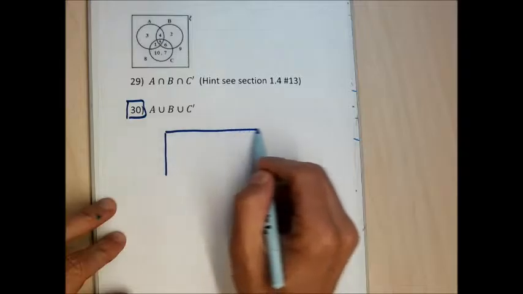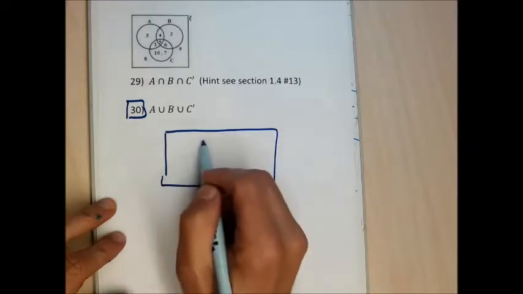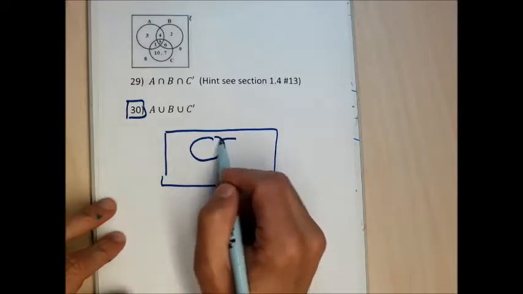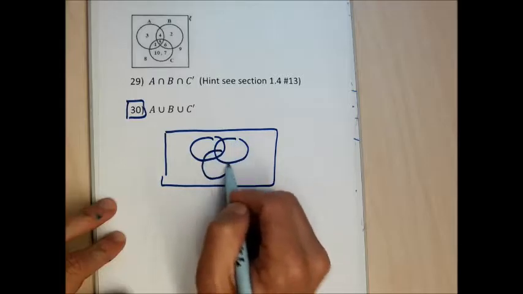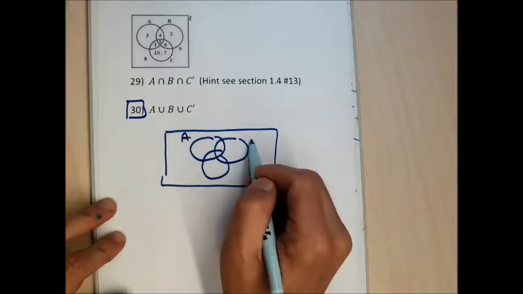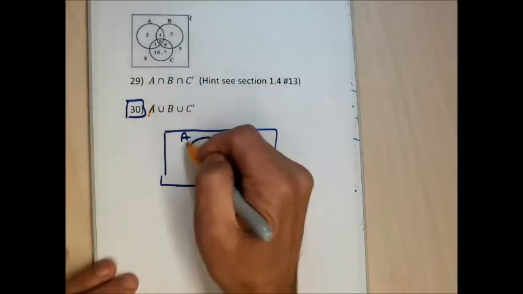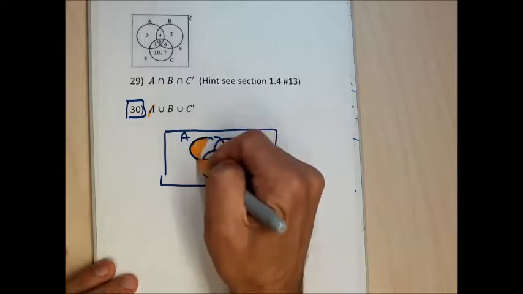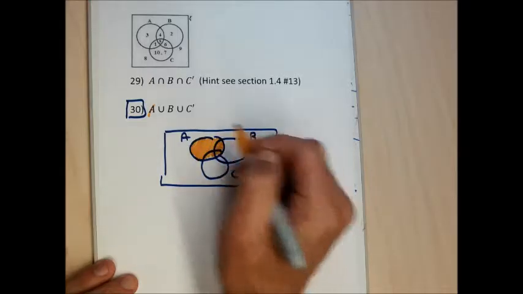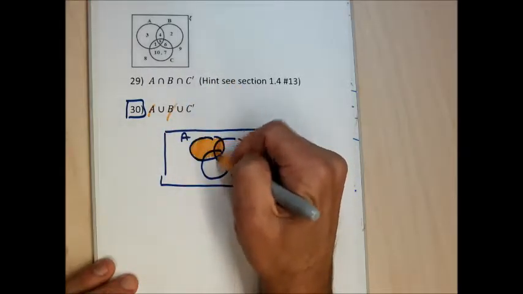So to do 30, A union B union C complement, it's going to wind up having a lot of shading, but it's not particularly hard because for unions I could do one color. So first thing I'm going to do is A, shade in the entire A circle. Then I'm going to do B, shade in the entire B circle.